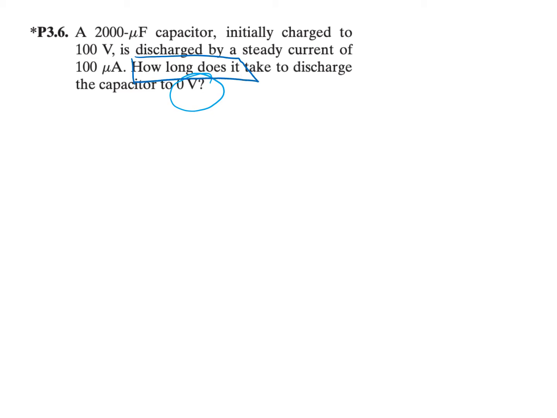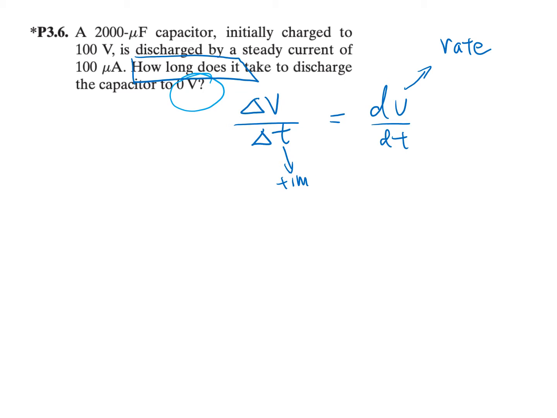Well, we know that delta V over delta T is dV over dt. dV over dt is the rate. The current is discharged, and delta T is the total time used.